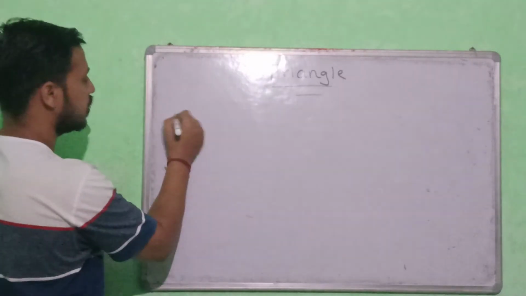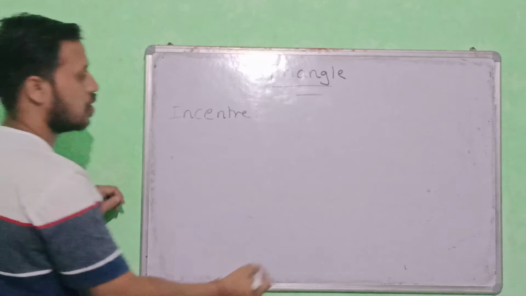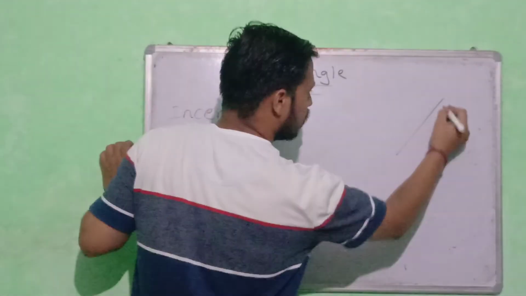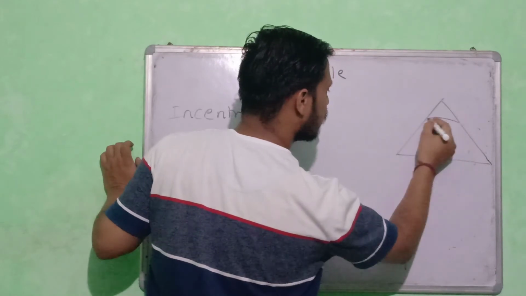Next we will talk about the incenter. Look here. This is a triangle ABC and this is a circle.